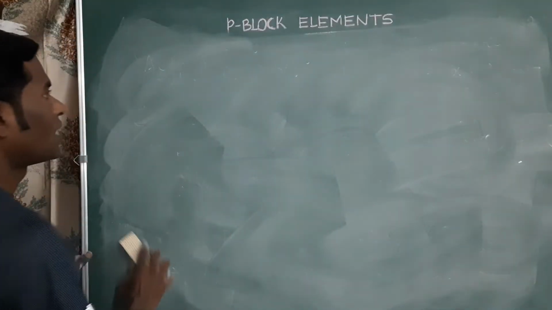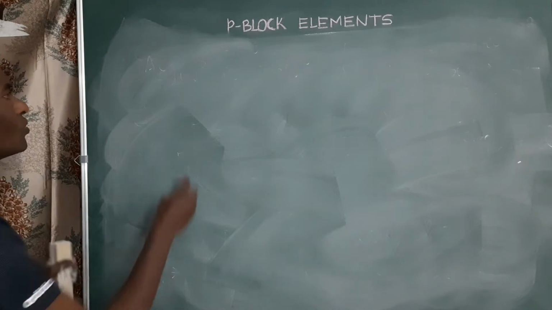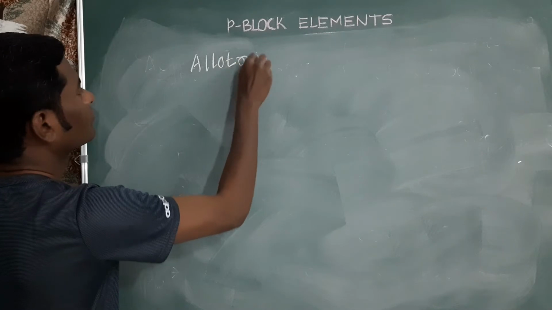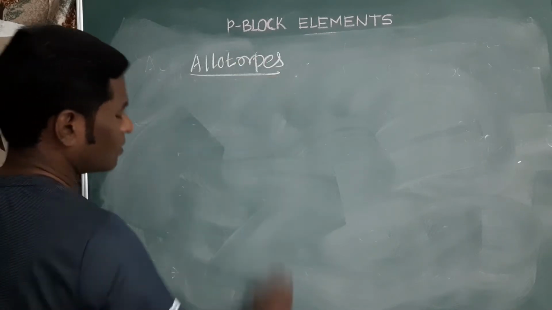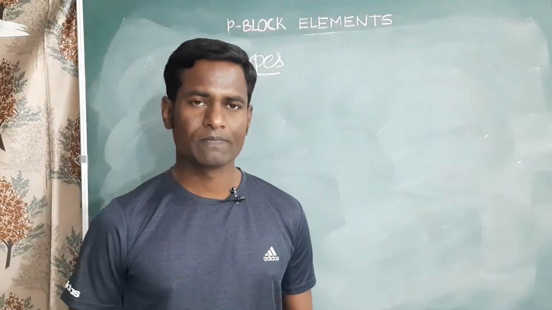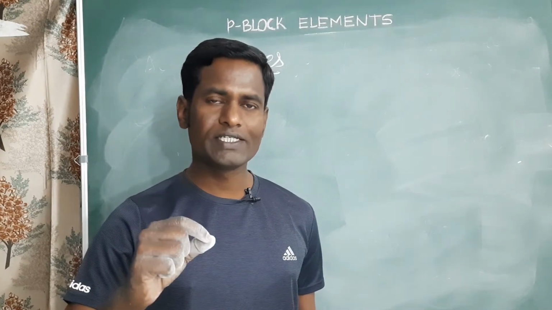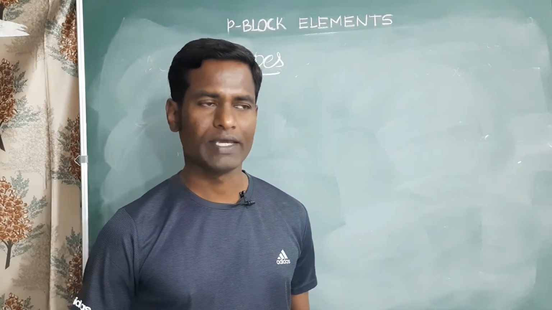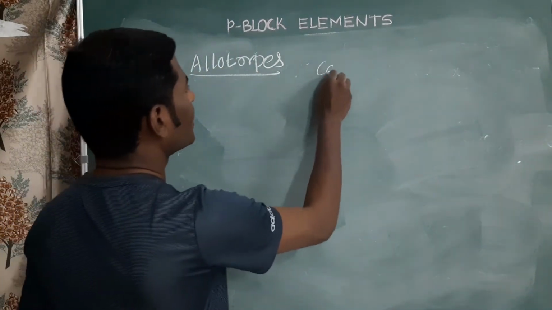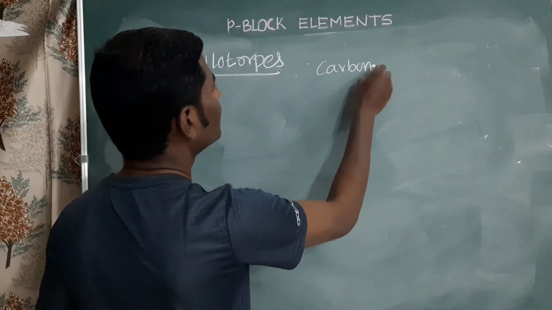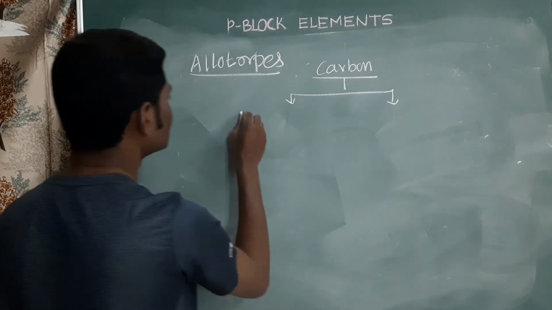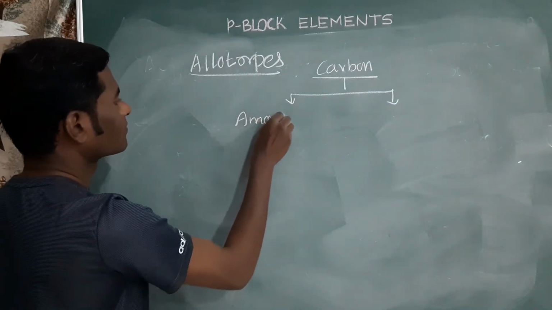Next topic is allotropy or allotropes. What is the meaning of allotropes? The same element exists in more than one different physical form. For example, carbon has two different solid forms: one is amorphous, another is crystalline.